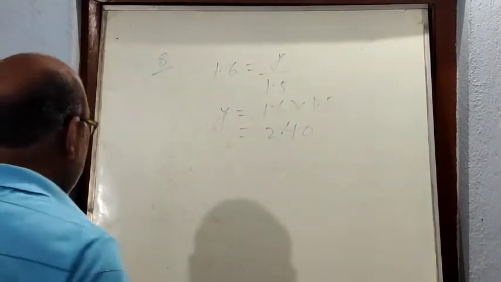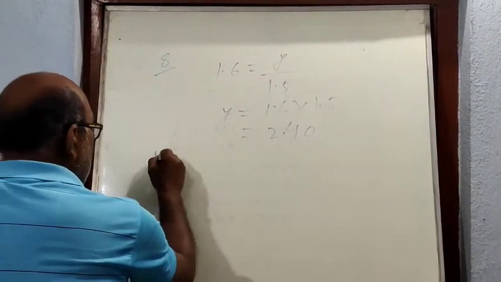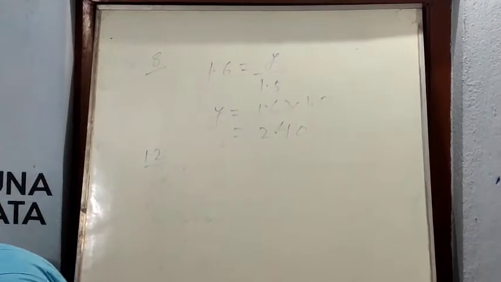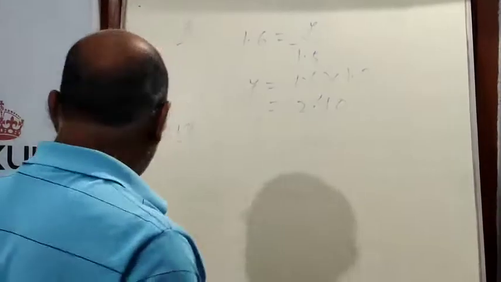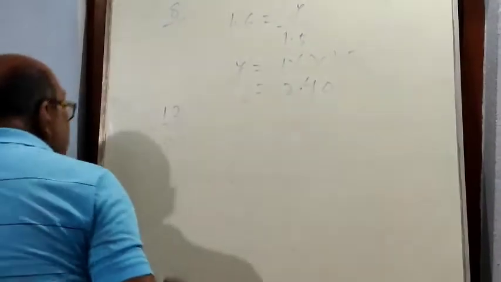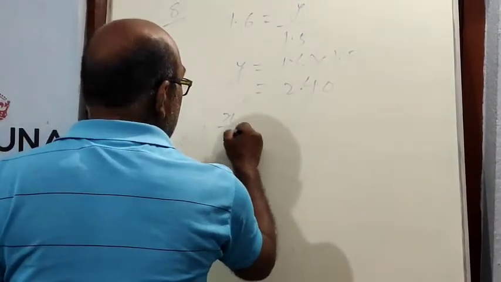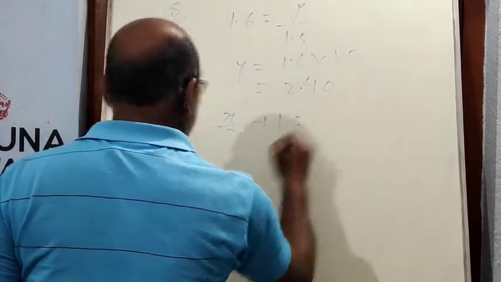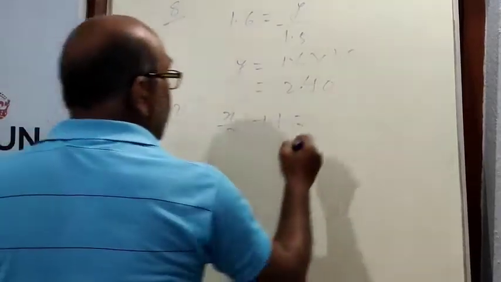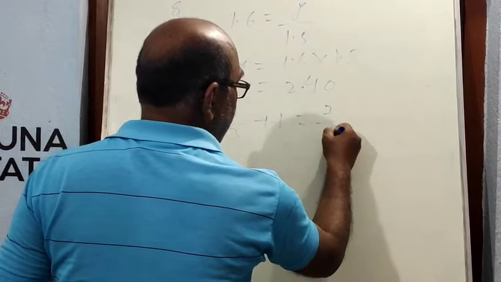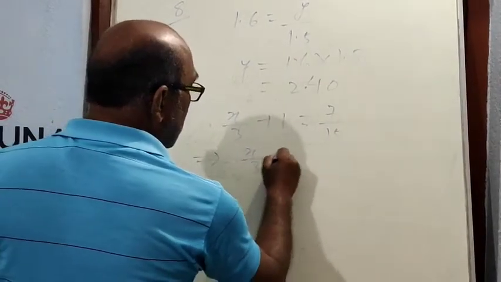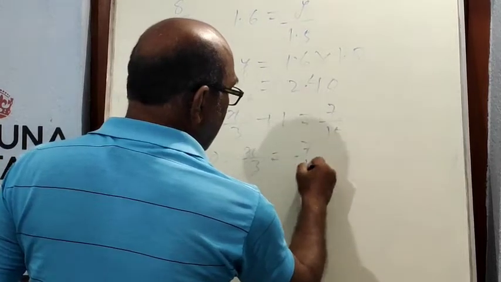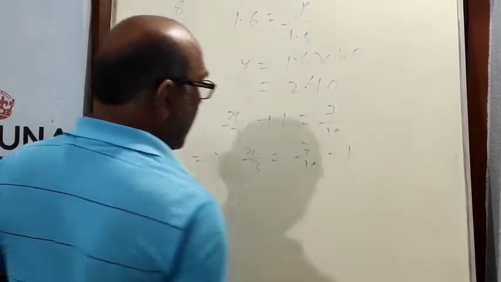Now come to question number 12. Question number 12 is x by 3 plus 1 is equal to 7 by 15. And therefore x by 3 is equal to 7 by 15 minus 1.